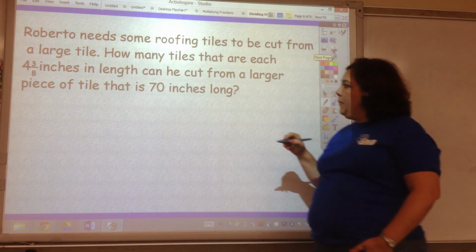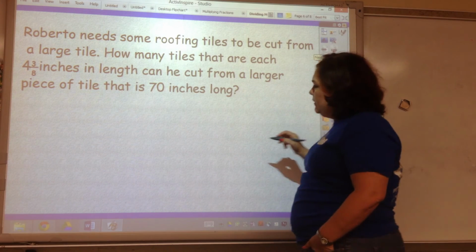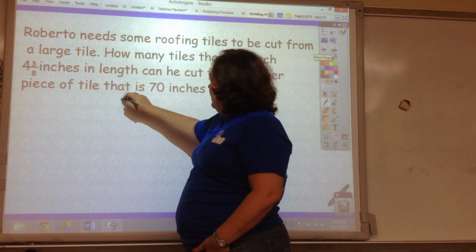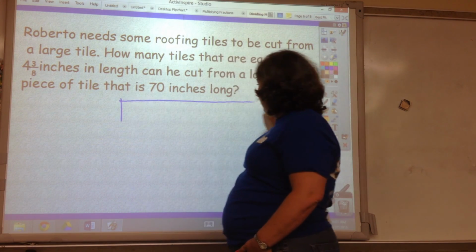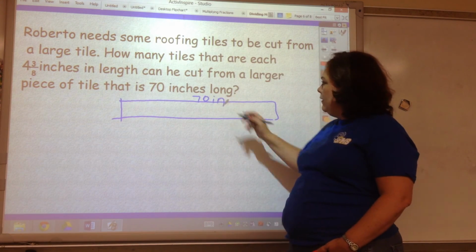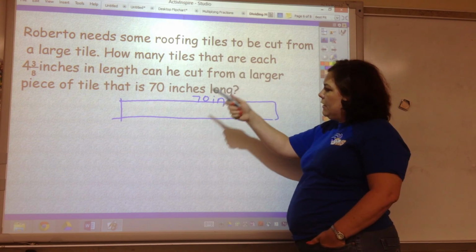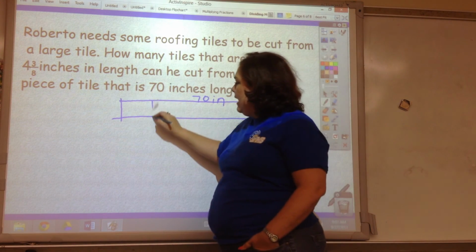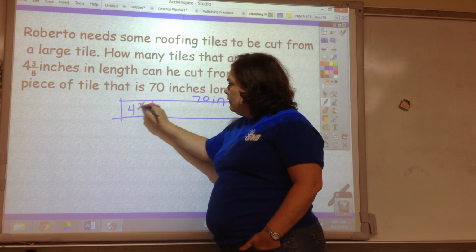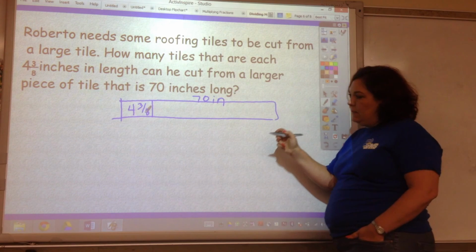Now this one, Roberto needs some roofing tiles to be cut from a large tile. So he's got a large tile that is 70 inches long, and he wants to know how many tiles that are each 4 3/8 inches in length he can cut from this piece.